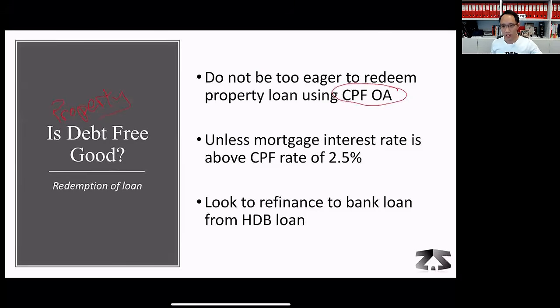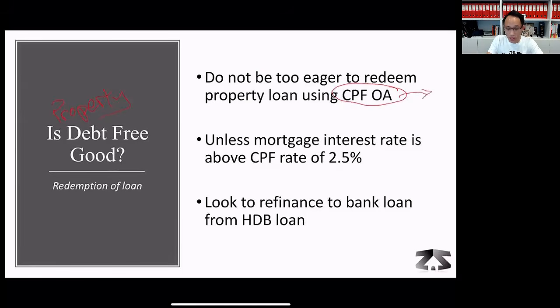They redeemed everything at the start. And then because the property they bought is not an appreciating property, when they want to sell probably 10 to 12 years later, they realize that they get a negative cash proceeds, because the accumulated interest has been increasing throughout while the price stayed constant or even dropped. All right, so do not be too eager.